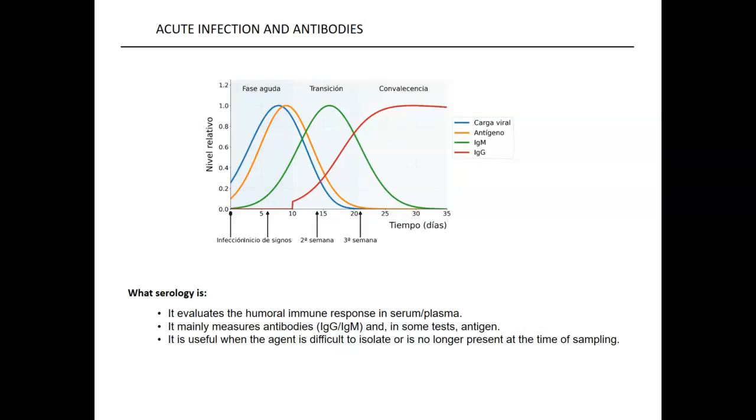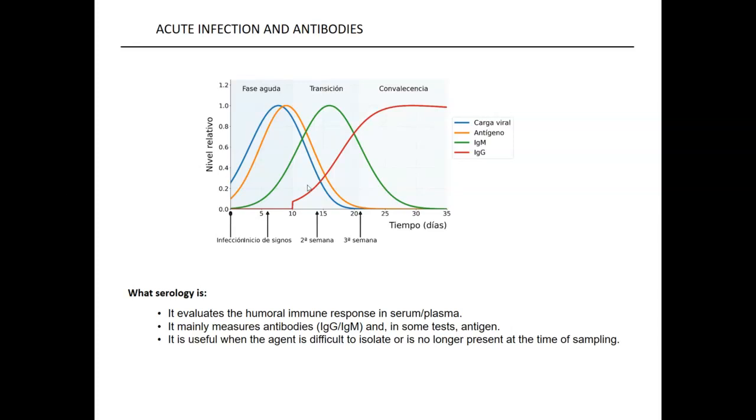Just to introduce you to the topic, when an animal gets an infection, usually there are several phases. In the acute phase, which lasts from days to weeks, we have a rise of the antigen and also a rise of the clinical signs of the disease.